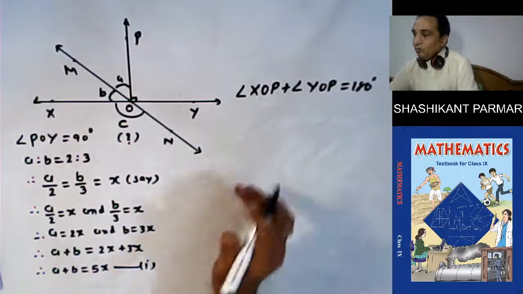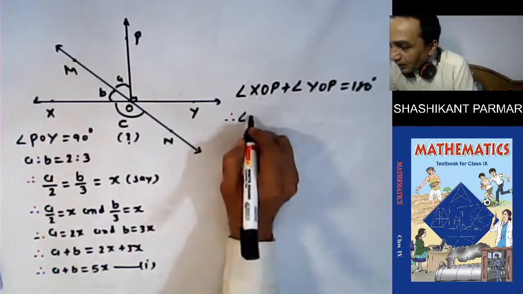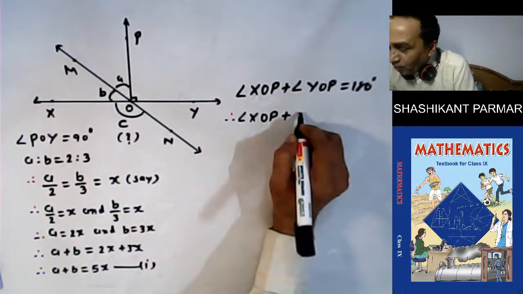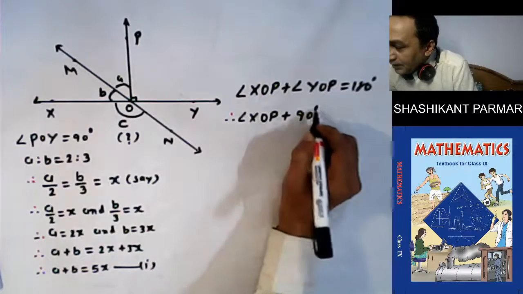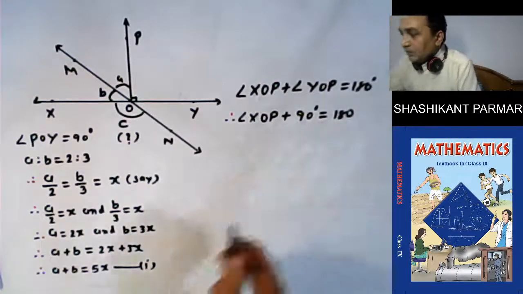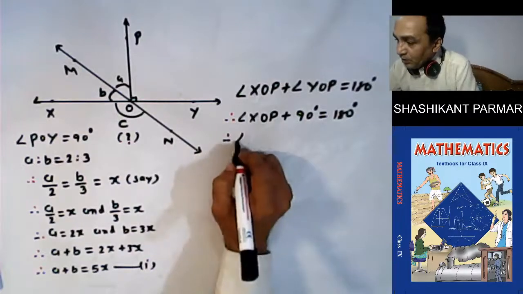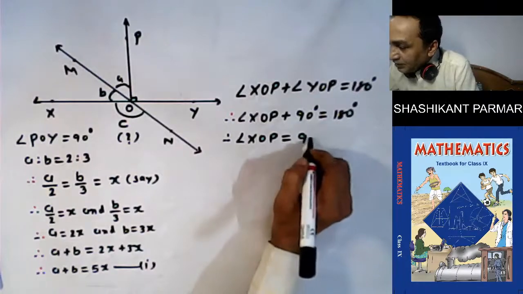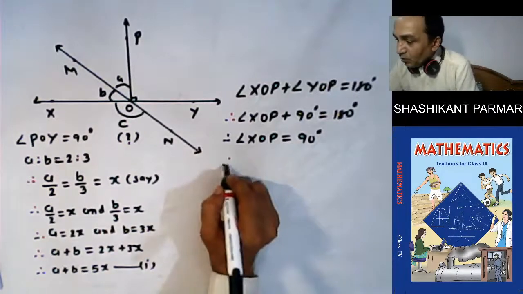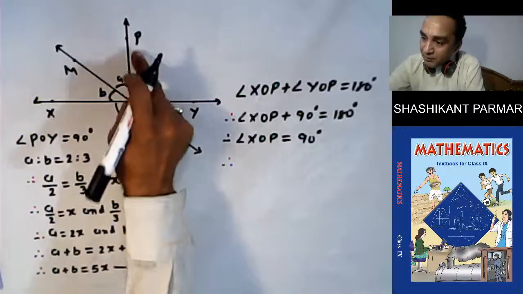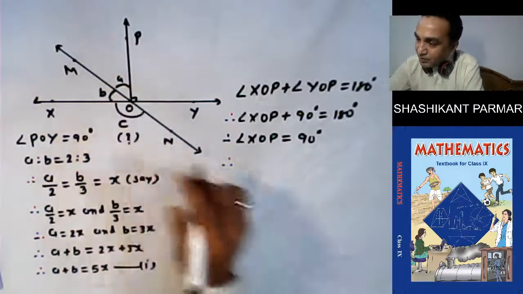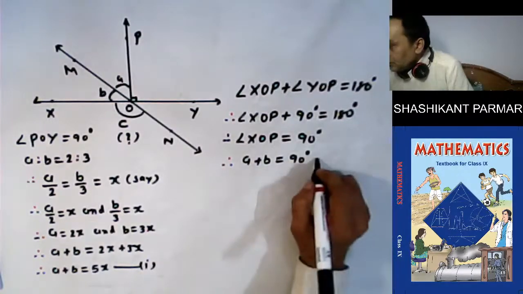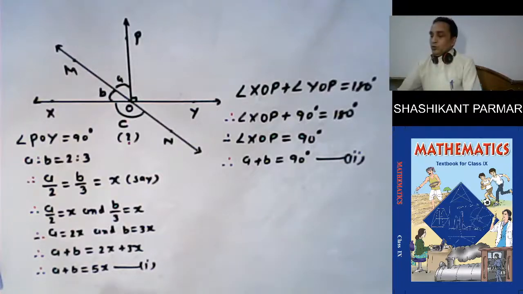XOP and YOP, but POY is given as 90 degrees. So therefore XOP is equal to 180 minus 90, therefore 90 degrees. But what is XOP? A plus B. So therefore A plus B is equal to 90 degrees. Say this is second.